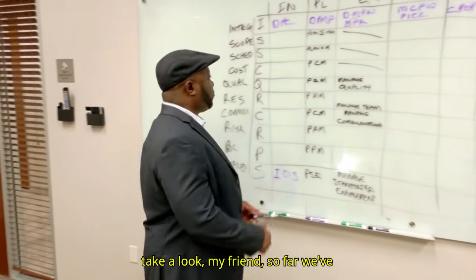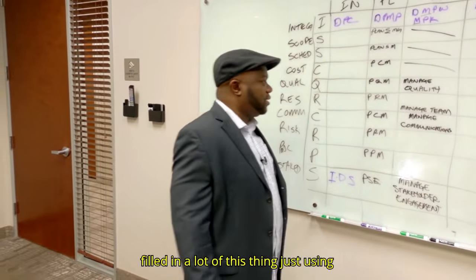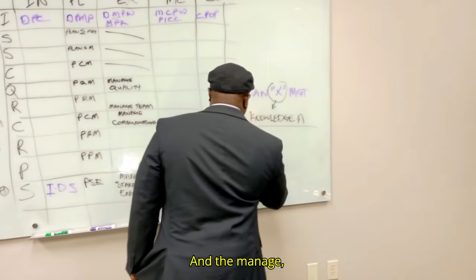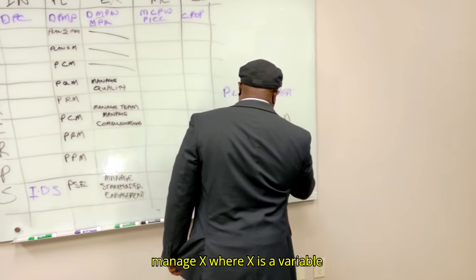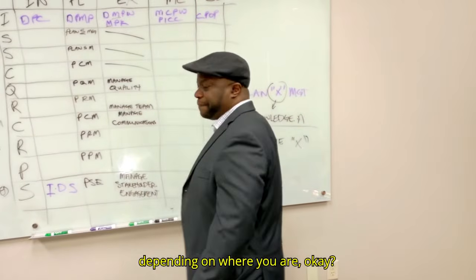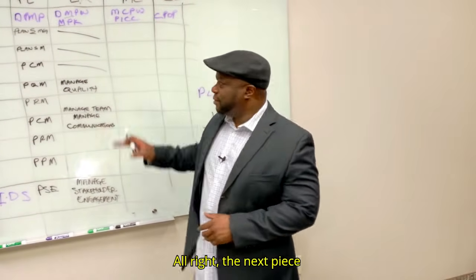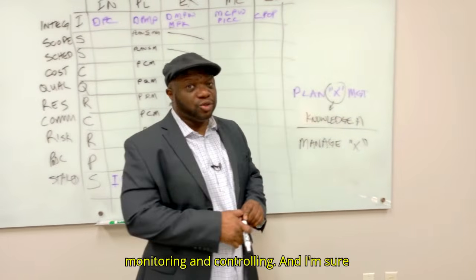When you take a look, my friend, so far, we've filled in a lot of this thing just using the plan X management, right? And the manage X, where X is a variable depending on where you are. Okay? All right. The next piece we're going to work on now is the monitoring and controlling.